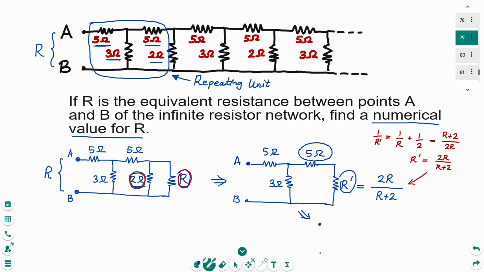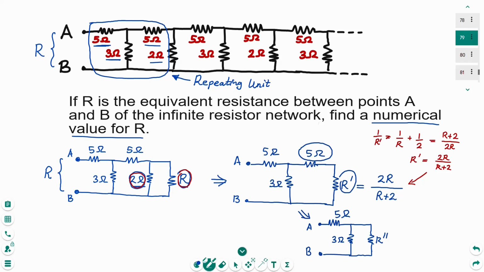I'll try to squeeze in the network over here and then continue it on the other slide. So I have the 5 ohm resistor over here, the 3 ohm resistor over here, and then the equivalent resistance of the 5 ohm and the R prime resistor, which I'm going to call R double prime.